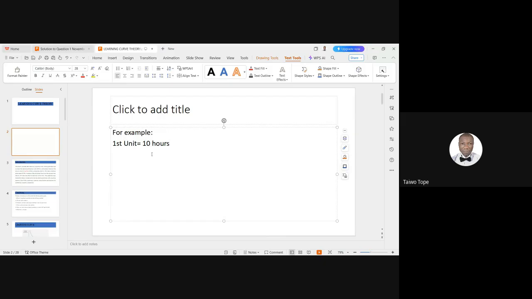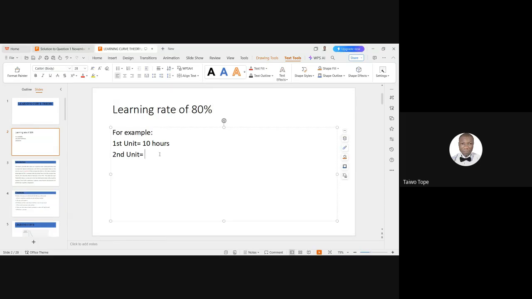What will be the doubling effect of your first unit? It becomes 2. 2 times 1 is 2. So the second unit now, we are assuming a learning rate of 80%.